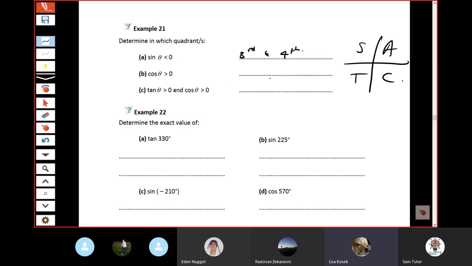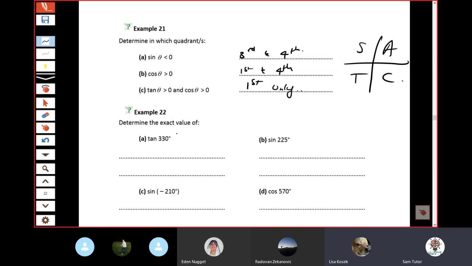First and fourth. Yep. And then Tiana, tan theta is greater than 0 and cos theta is greater than 0. The only way tan and cos are both positive is in the first quadrant only. Good job.